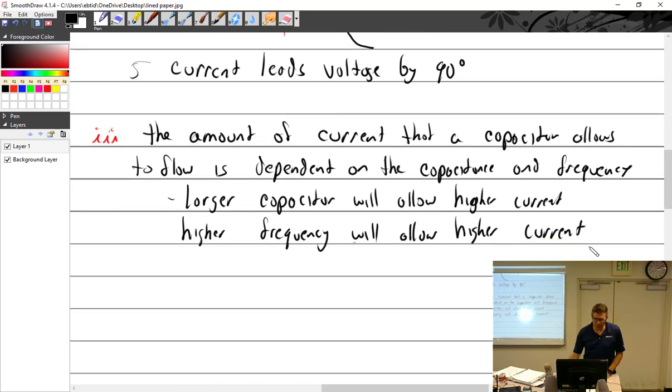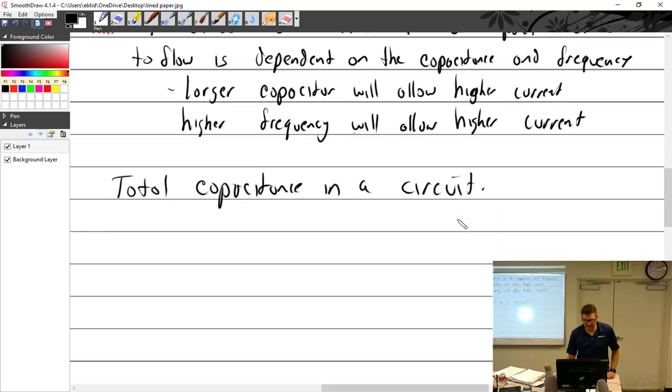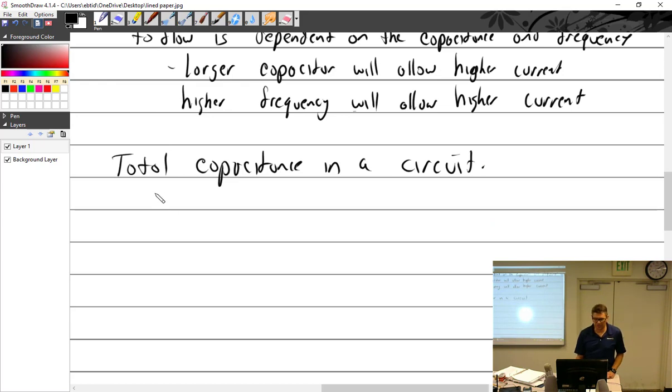All right, total capacitance in a circuit. How do we compute that? It is the opposite of resistors and inductors.